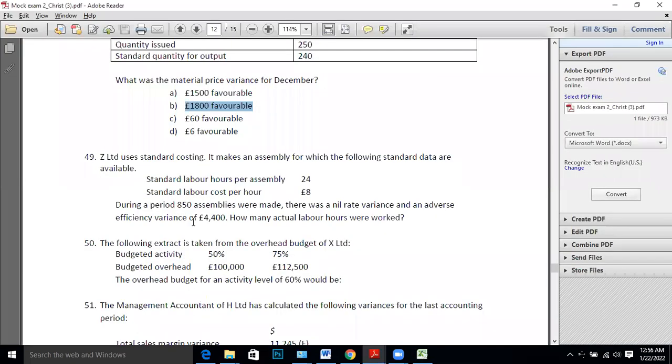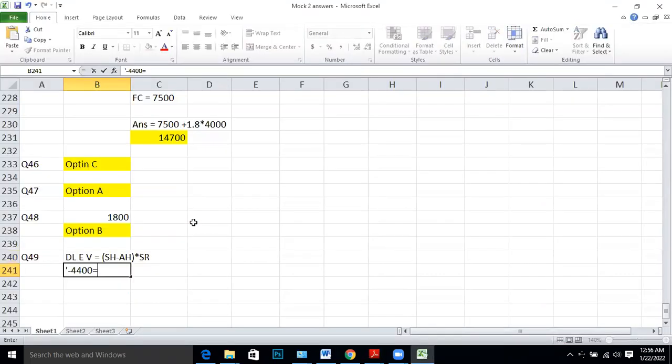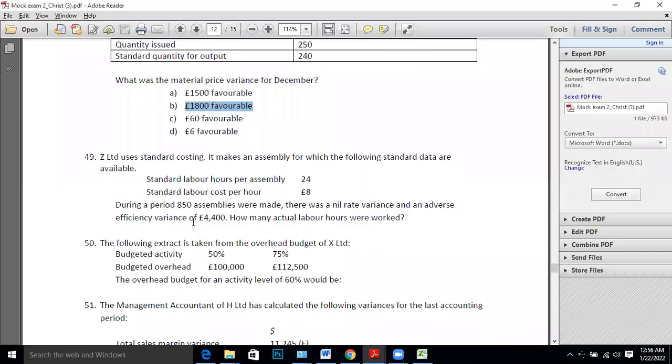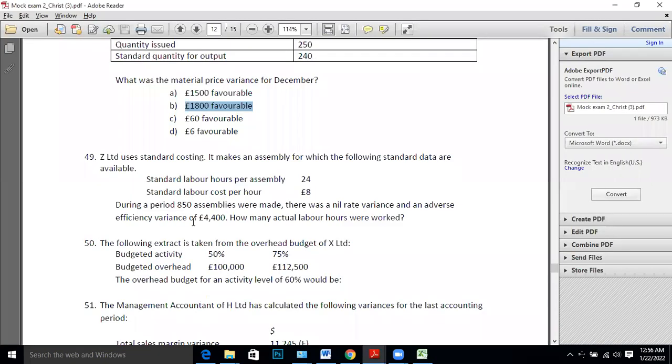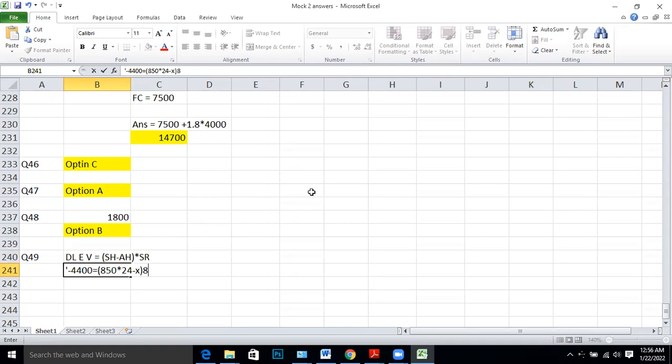equals standard hours, which will be standard labor hours per assembly 24, so 850 times 24. Why? Actual production 850, each 24, minus actual hours. We don't know that, that's what we have to find. Standard rate 8. Good, we can solve this and find this.